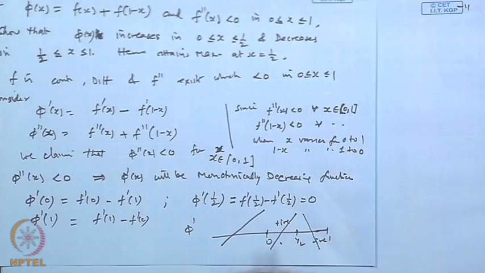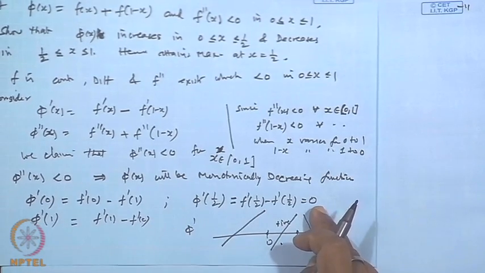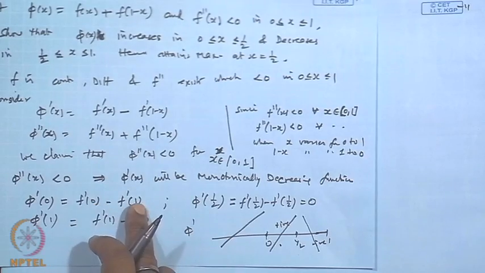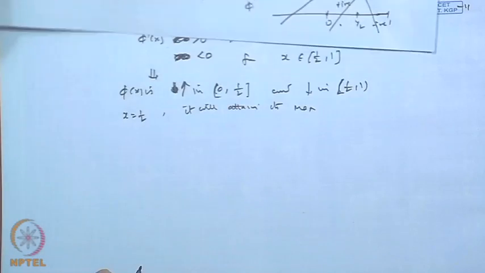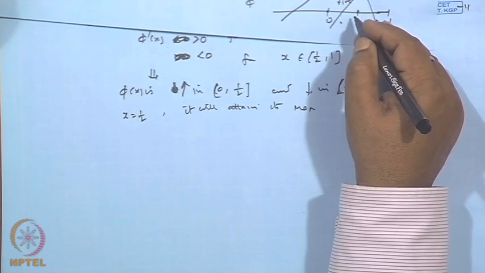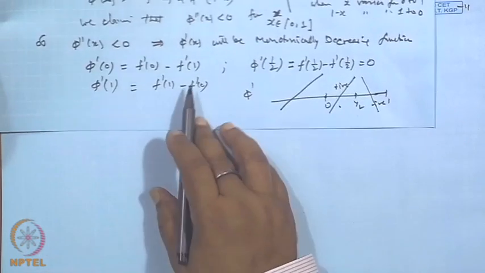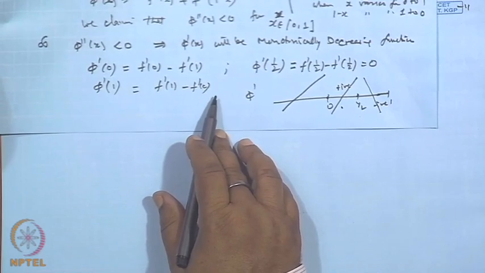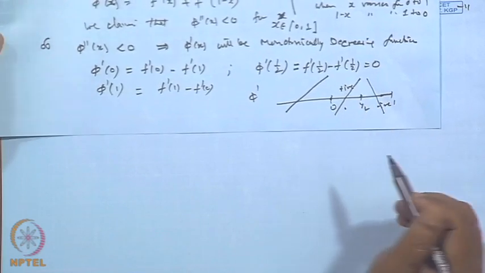Because only then are we getting the function phi dash as 0 here and this one as 1. So here it is f dash 0, and f dash 0 is greater than this, and this is negative. That is why it is coming just like that.